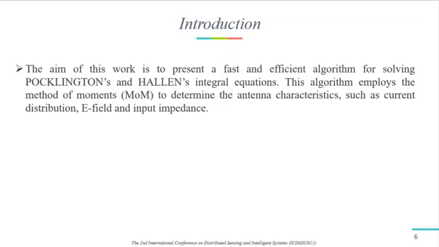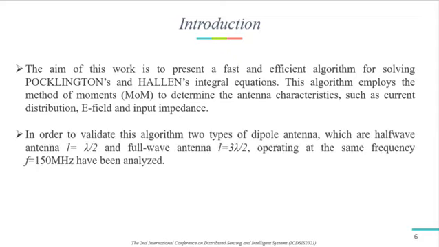This algorithm employs the method of moments to determine the antenna characteristics in terms of current distribution, E-field, and impedance. To validate this algorithm, two types of dipole antenna, a half-wave antenna and a full-wave antenna operating at 115 MHz, have been analyzed.